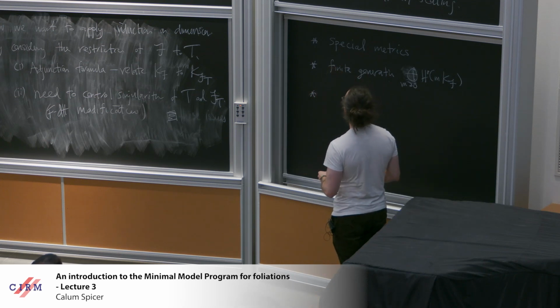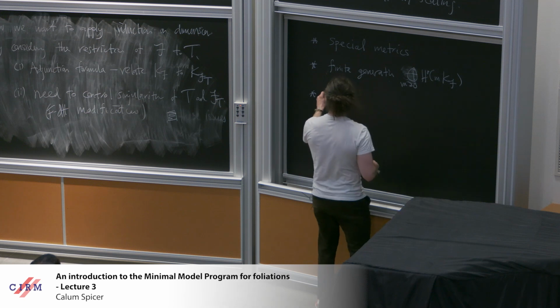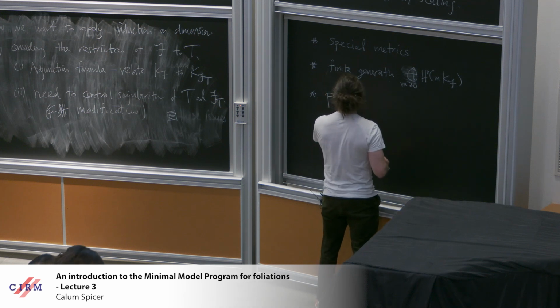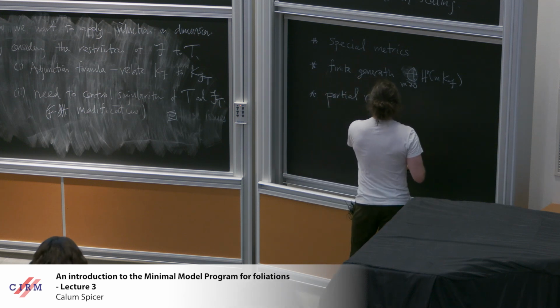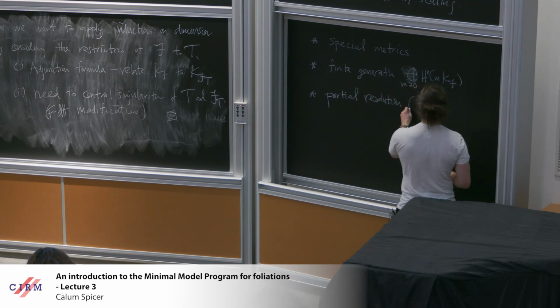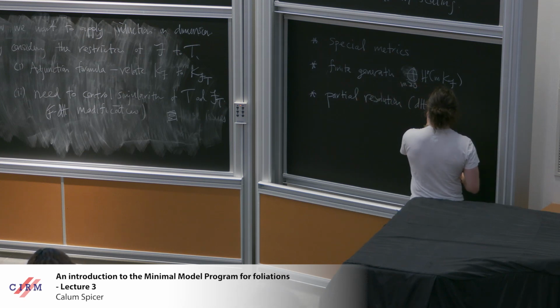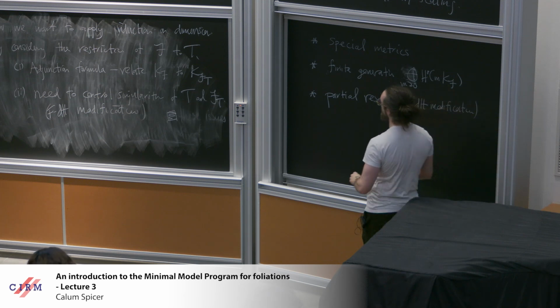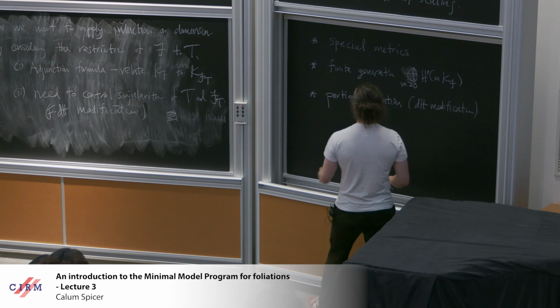The final things, a bit vague, are partial resolutions and moduli. The MMP gives you access to clever ways of partially resolving singularities. Again, I'll throw out the word DLT modification. This is a powerful technique, and it's only possible because of the MMP.